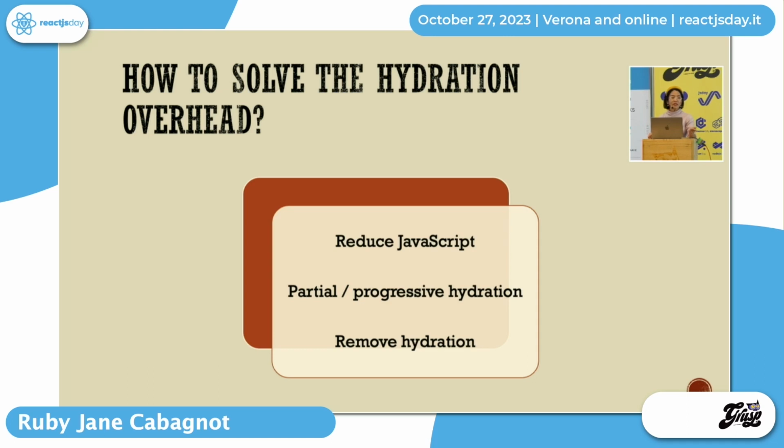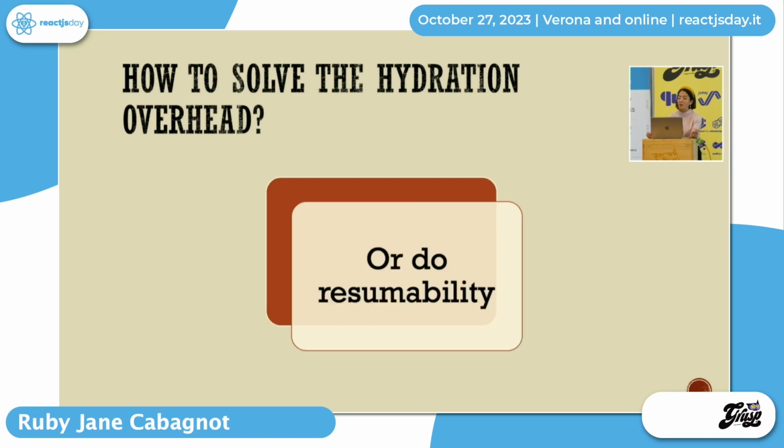So how do we solve this hydration overhead? Like I said, we can reduce the amount of JavaScript in our application, maybe do partial or progressive hydration, or maybe completely do away with hydration and just do this thing called resumability.